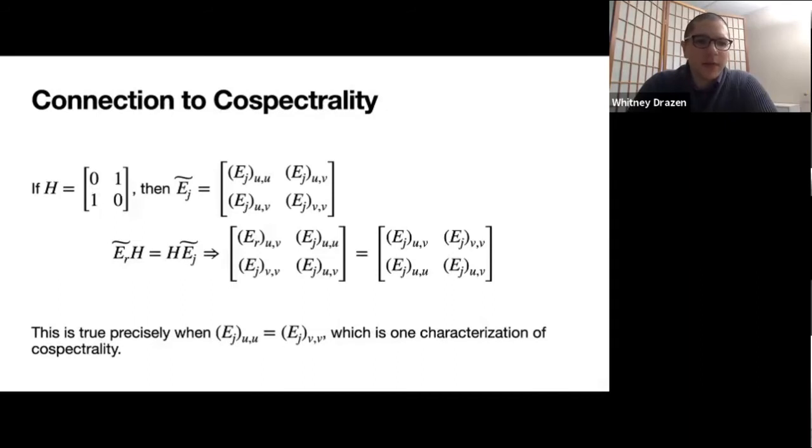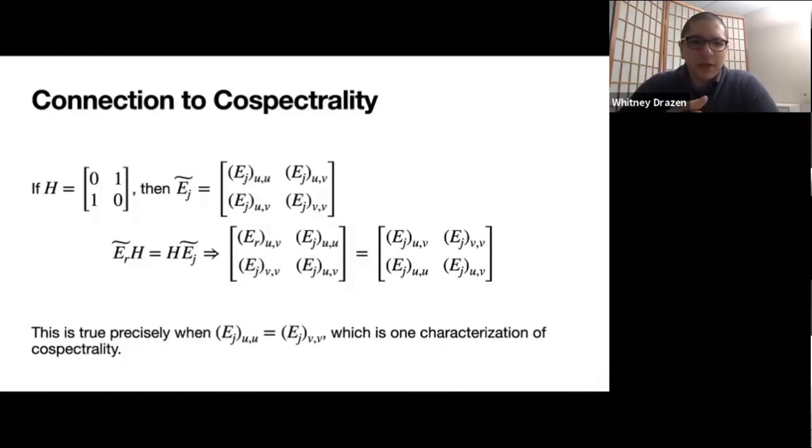Well, if we prescribe that our H matrix is this anti-diagonal matrix, and that the idempotents commute with this H, then we just, sorry, I know it's a typo, all of these E's should be indexed by J. So basically, after you do the multiplication, the diagonal entries are both E sub J UV, and the off diagonal entries are either E_J UU or E_J VV.